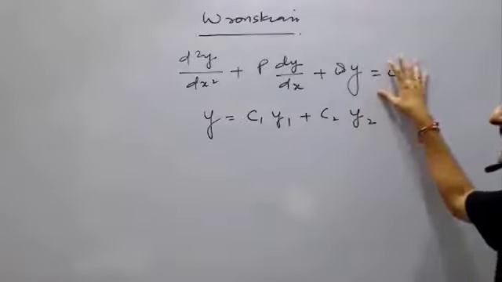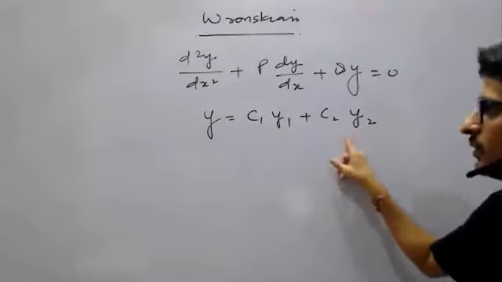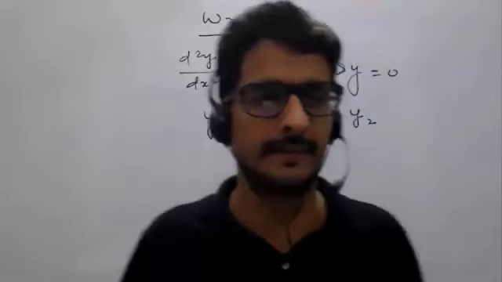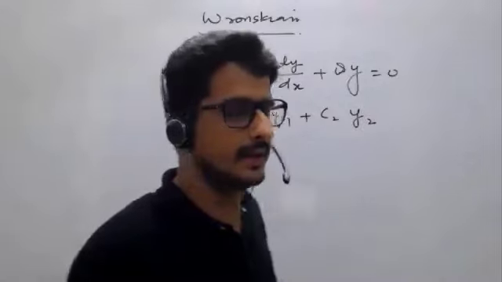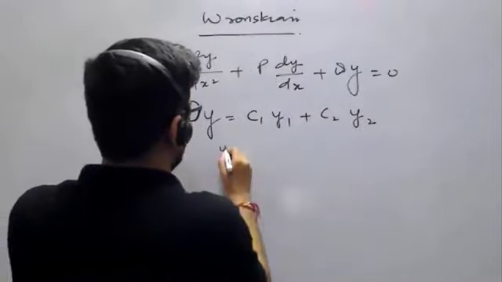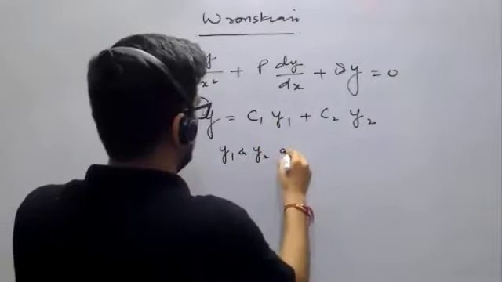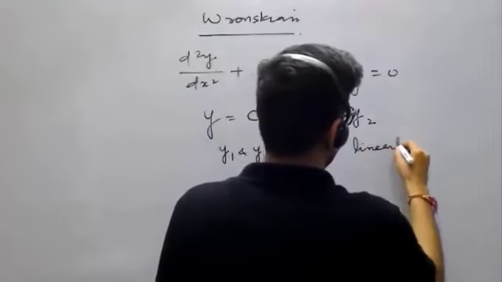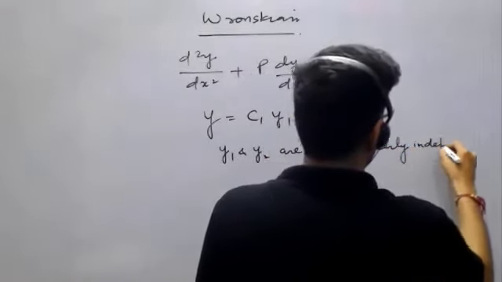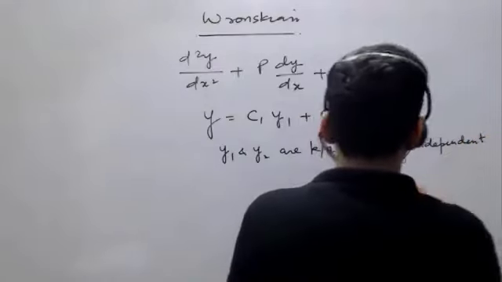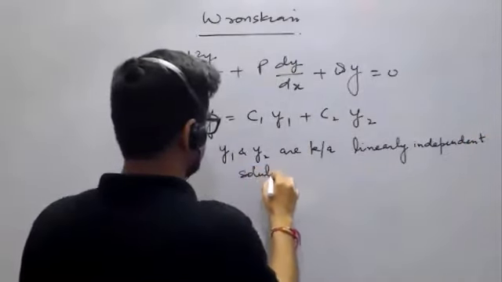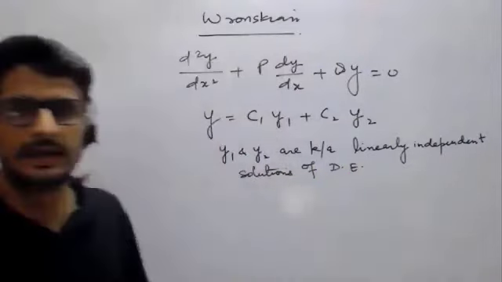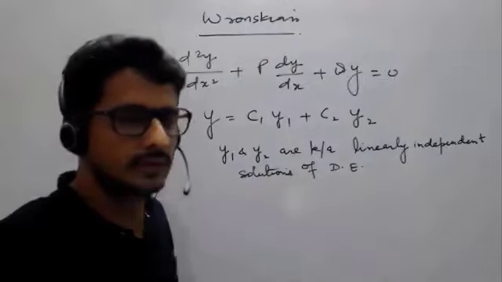When the right hand side is 0, y1 is also a solution, y2 is also a solution, and y is also a solution of this differential equation, as you have seen for homogeneous differential equations. So y1 and y2 are known as linearly independent solutions of the differential equation.